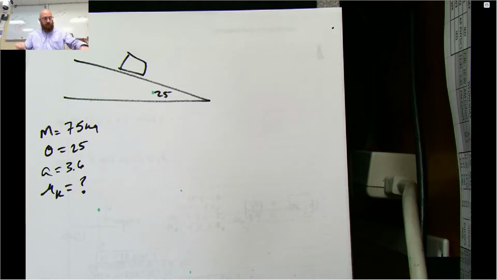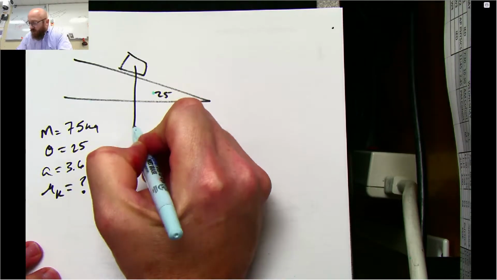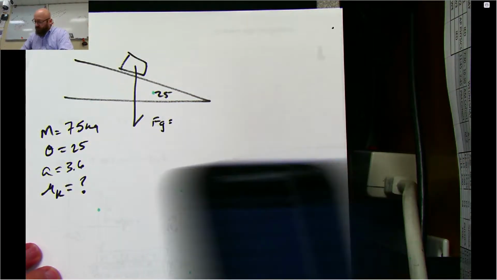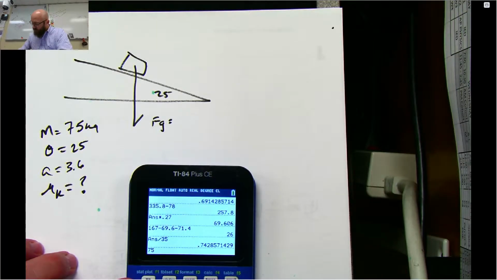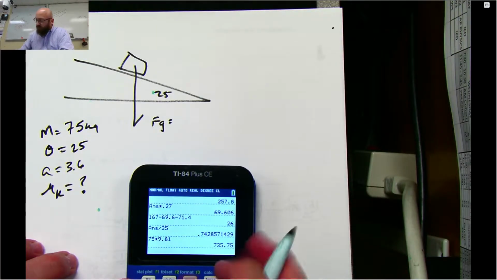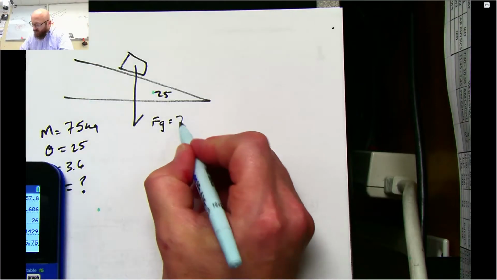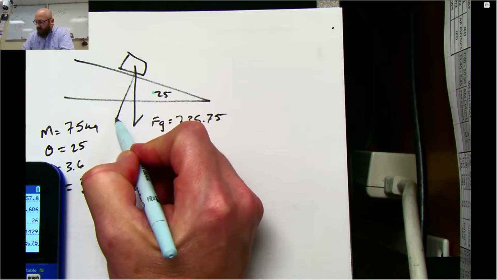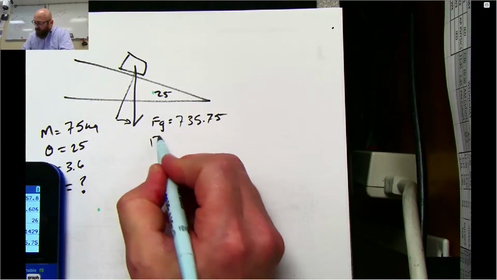Alright, before we ever get started, F of g is mass times acceleration: 75 times 9.81, which is 735.75. Then F of g of x and F of g of y.